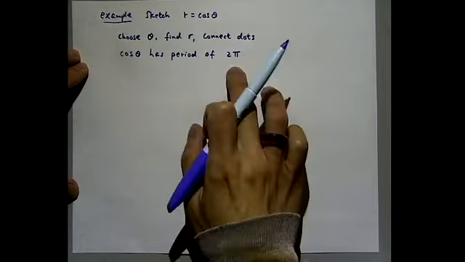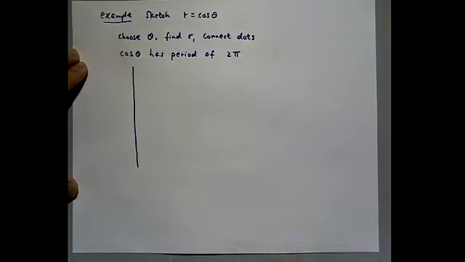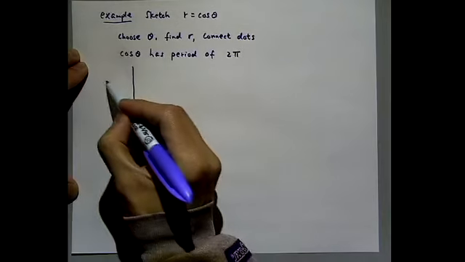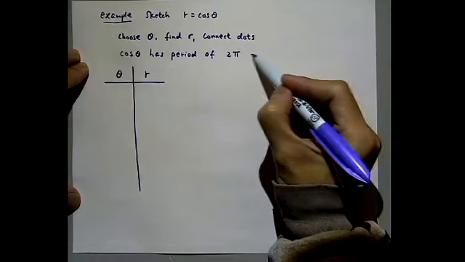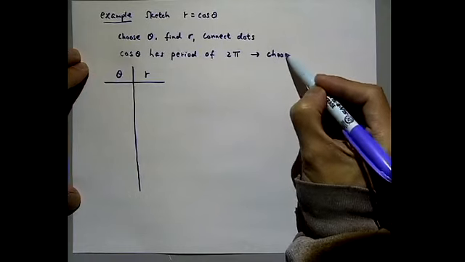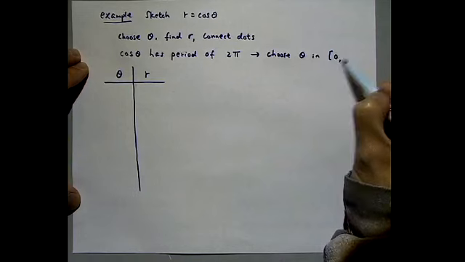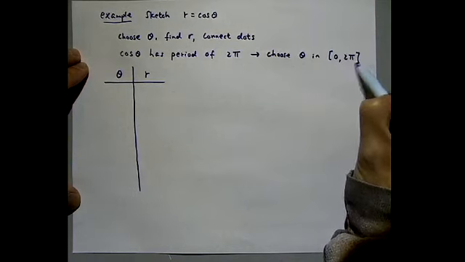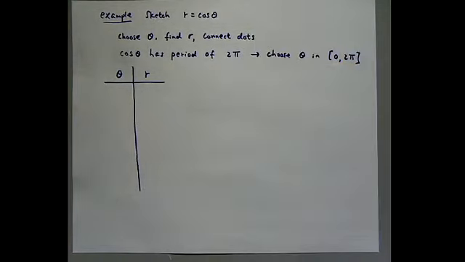This is all I need to take care of. So I choose theta, then I find r, then I connect my dots, and then I have my shape.